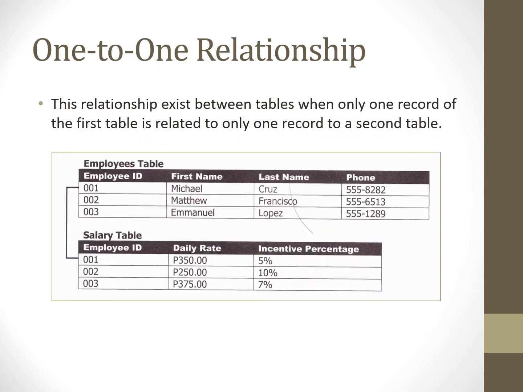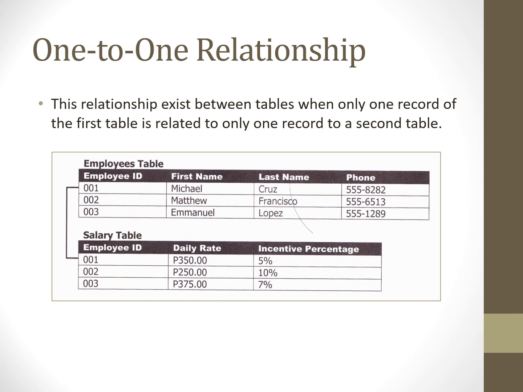In a one-to-one relationship, this relationship exists between tables when only one record of the first table is related to only one record in a second table. So can you imagine a salary table versus an employee table? Between these two tables, there can only be a one-to-one relationship because in a company, it's impossible for you to have two different rates at the same time, right?